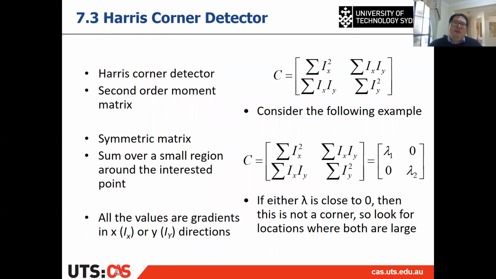And we also introduced Harris corner detection. The Harris corner detection is a very, very old one, as I mentioned before. They use the second order moment matrix to detect the corners, and they really detect the corners.